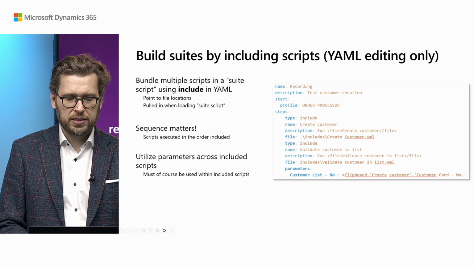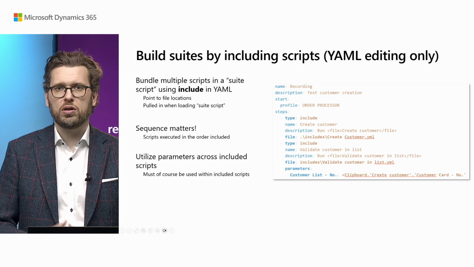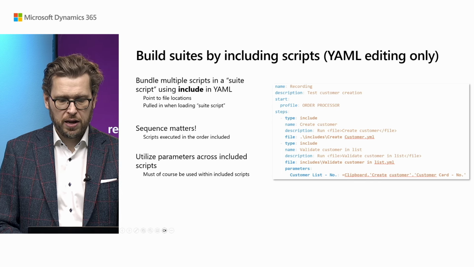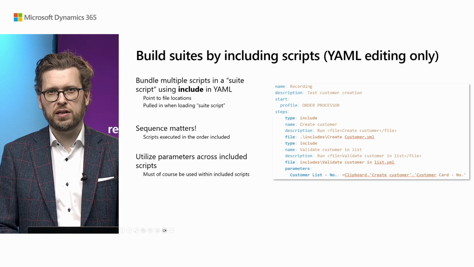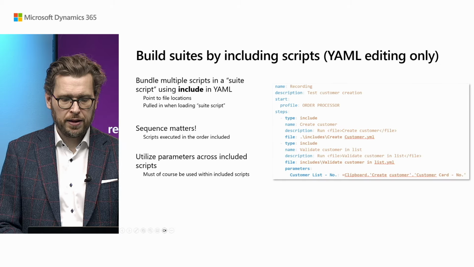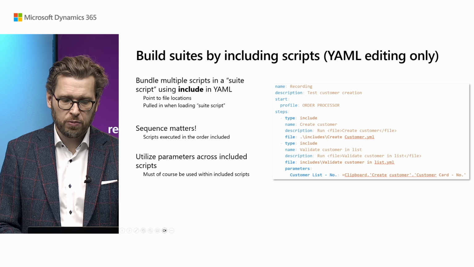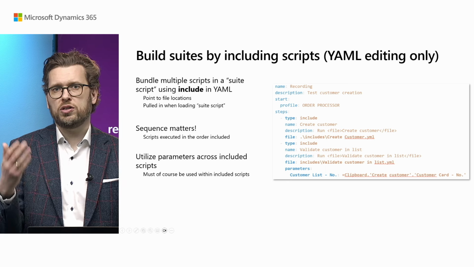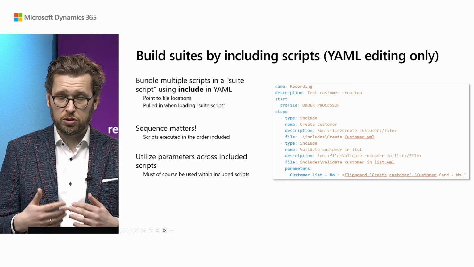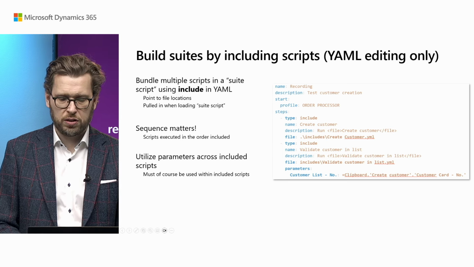The way it works is that you use the include command in the script. In the example here, you see that we have two includes. Basically, you point to the script file, right? So we're pointing to two different script files here. And the sequence, of course, matters. It's going to go top down when it executes. And you can use the parameters I just talked about to reuse variables across the scripts.